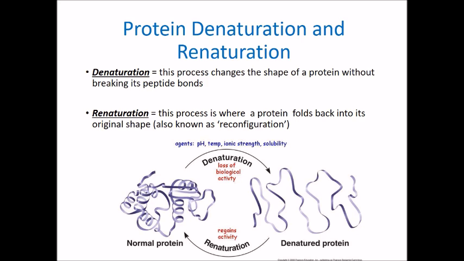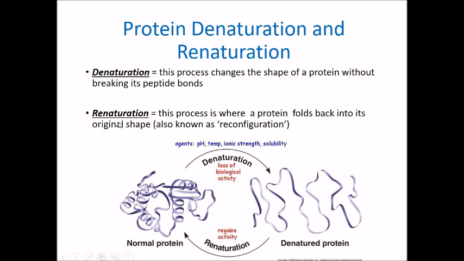The agents used to destroy them include pH, very acidic or very basic, high temperature or very low temperature. It might also be caused by ionic strength, and by the solubility of the protein itself.